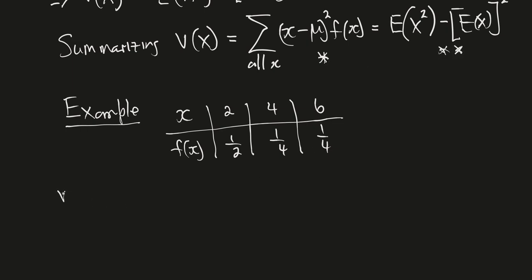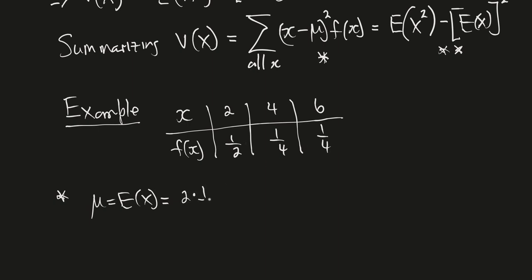So using our approach based on the definition, well, first we need to find mu, right? Notice regardless of which method we're using, we have to find the expected value, right? So mu, or the expected value, is simply the product of each x and its corresponding probability, and then you take the sum of those products.